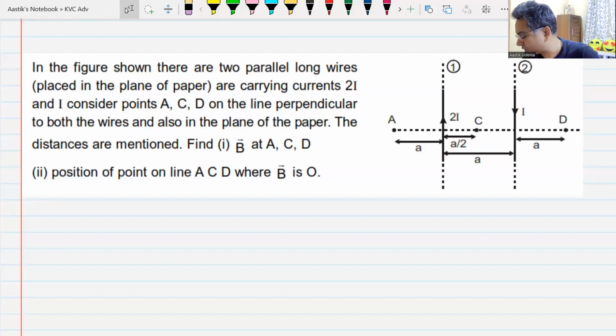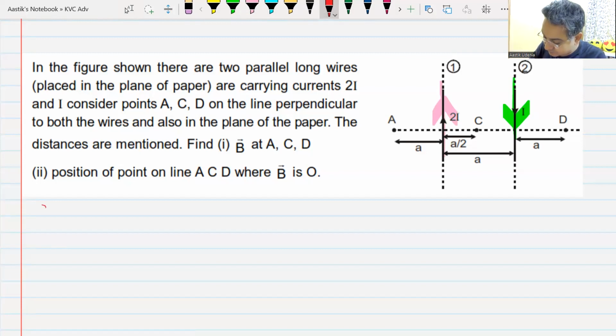So, how are we supposed to find out? Let me call this wire the pink wire carrying current like this. Let me call this the green wire carrying current like this. At point A, what is the magnetic field created by the pink wire?